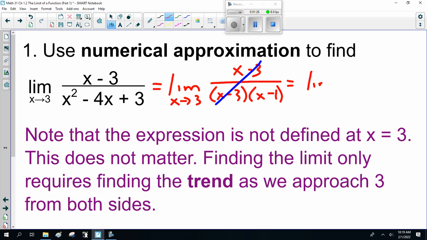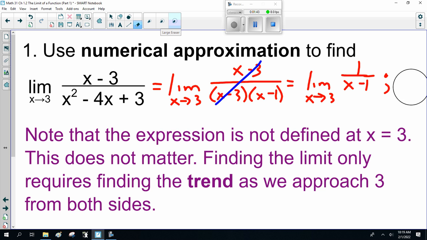So this is the limit as x goes to 3 of 1 over x minus 1, as long as x does not equal 3. Sorry, x cannot equal 3.